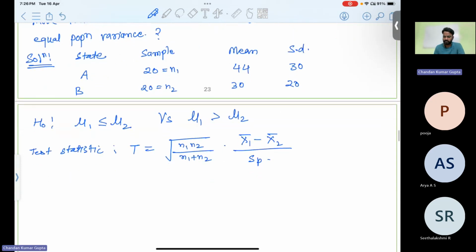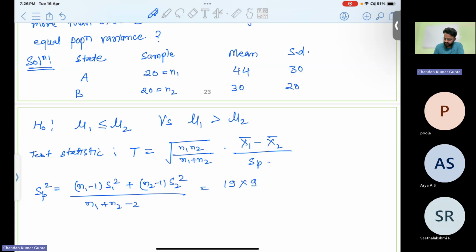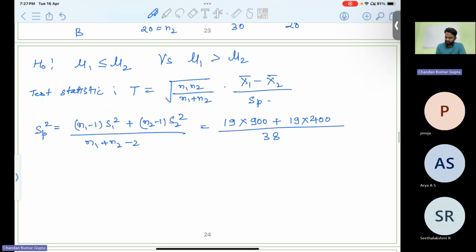So first we need to calculate sp. Sp square is n1 minus 1 s1 square plus n2 minus 1 s2 square upon n1 plus n2 minus 2, which is 19 into 900 plus 19 into 400, upon 20 plus 20 minus 2, which is 38. Now it is simple. You may solve this.